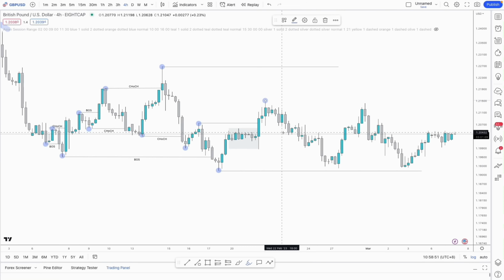And then essentially price does put in a low, all internal of the internal in reality. And then we have, so we're still bullish. And as you can see, internally we're printing lower lows, lower highs. And then we have the shift, right?